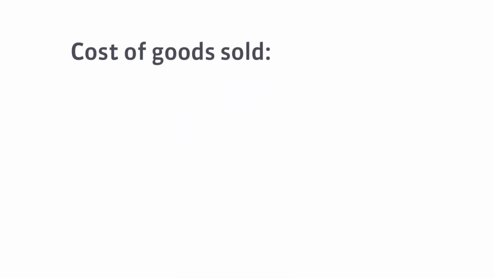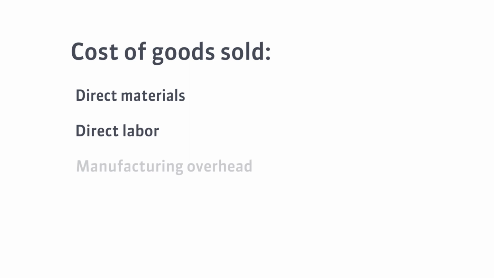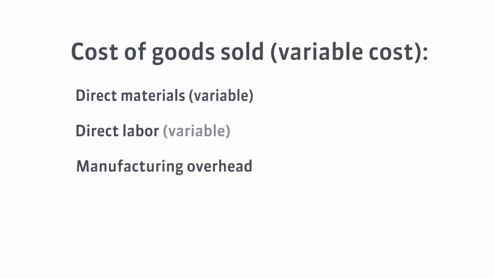The traditional cost system assigns only manufacturing costs to product. This includes direct materials, direct labor, and manufacturing variable overhead. We used to consider them as variable costs.